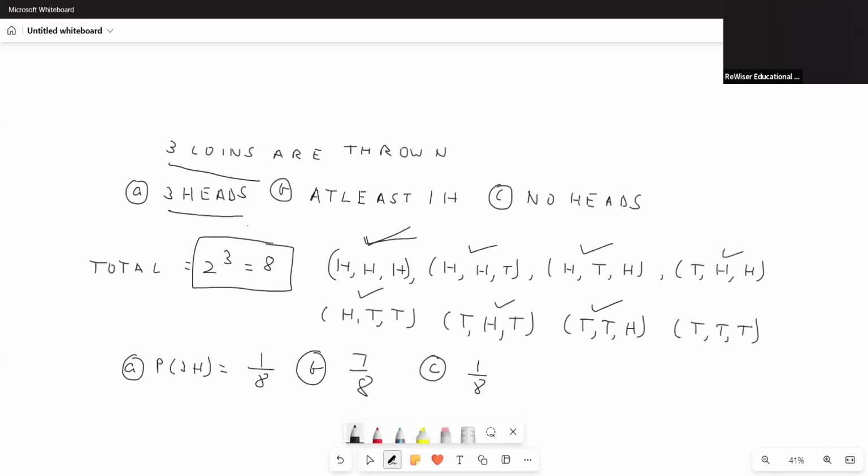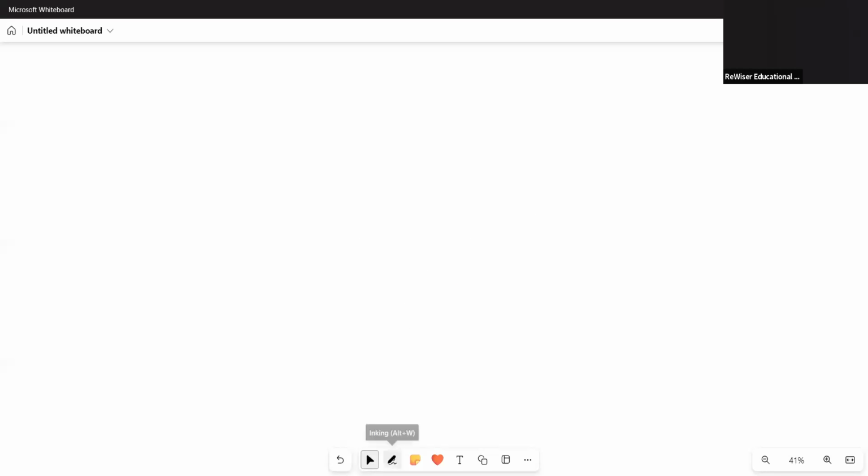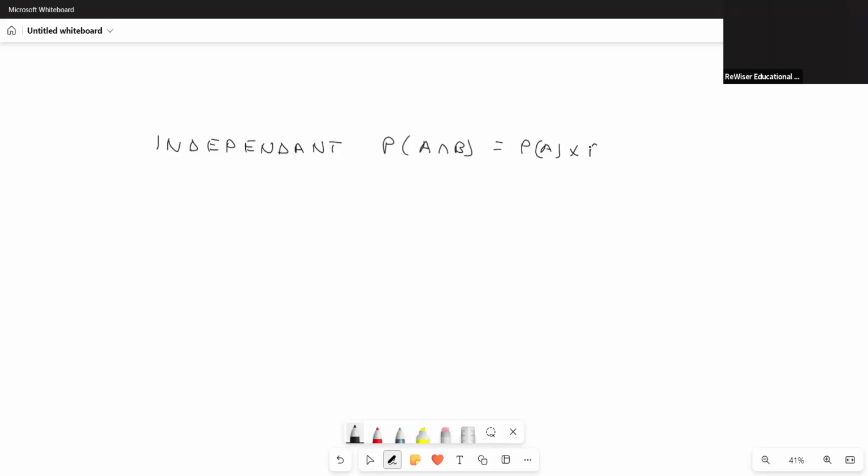Now, the other type of questions which is usually asked in this is mutually exclusive and independent events. So please remember, if 2 events A and B are independent, then the probability of A intersection B has to be equal to PA into PB.